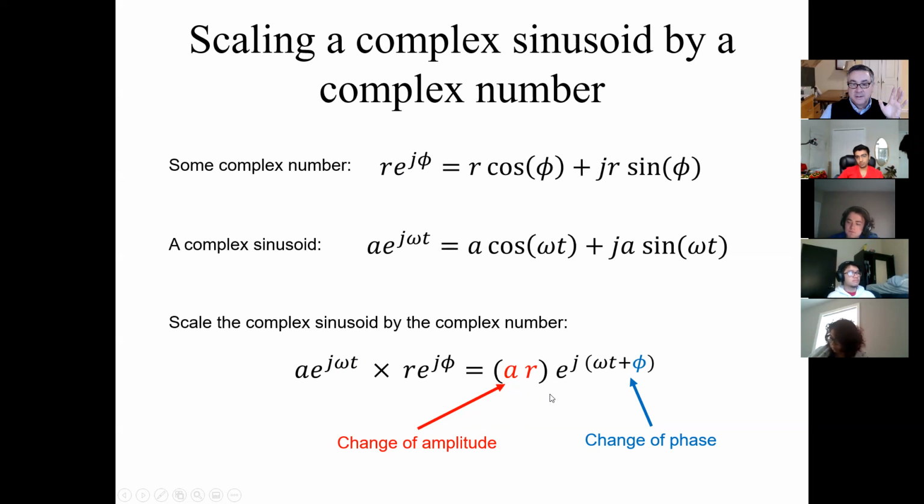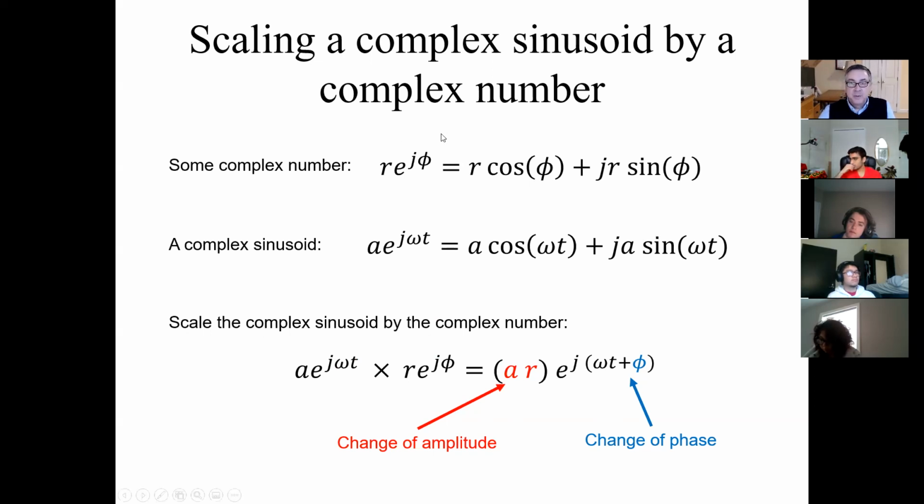We get a change of amplitude of the complex sinusoid, and the phi term contributes a change of phase to the complex sinusoid. Remember, a phase shift essentially moves that sinusoid in time a little bit.